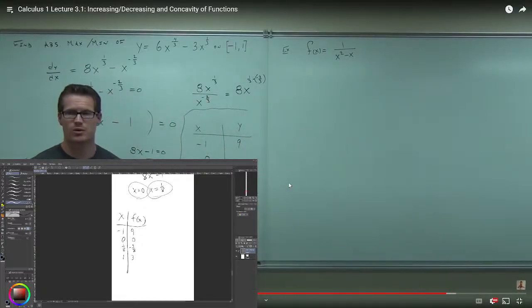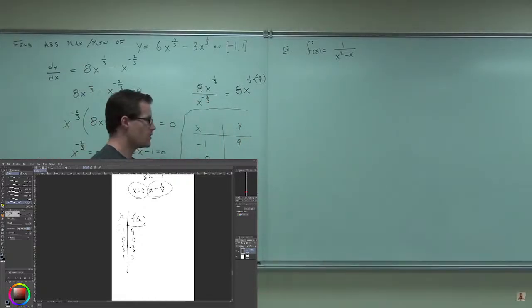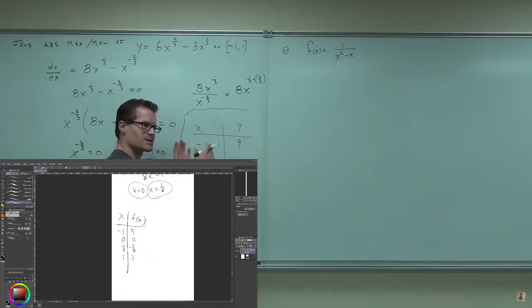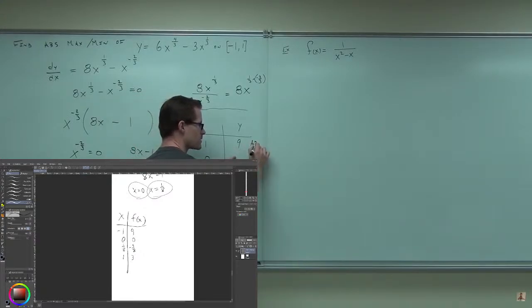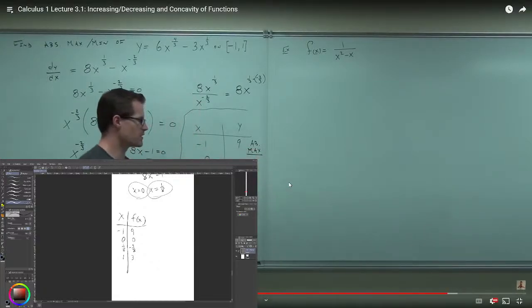Which is the largest number that we attain? That is your absolute max. The absolute max is not -1, okay? That's just a place on the x-axis where you get it. So this is your absolute max. It occurs at x equals -1.